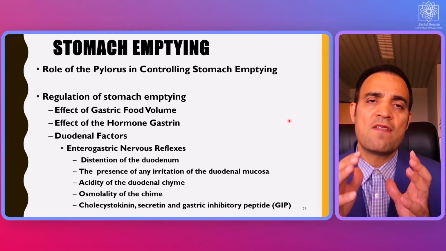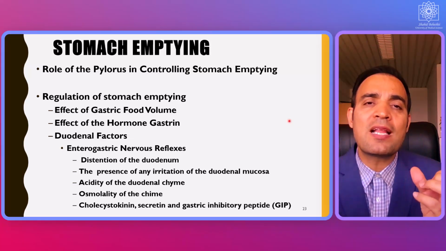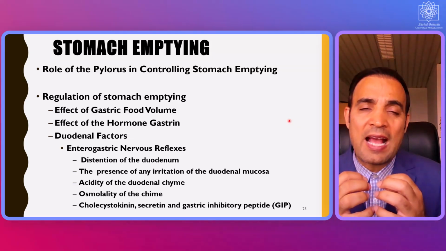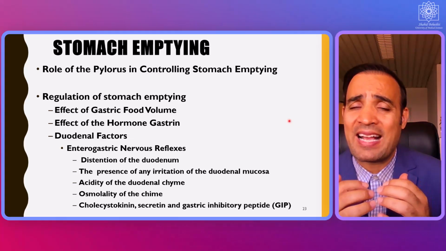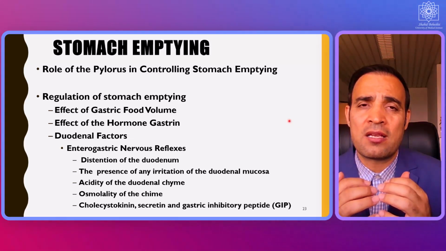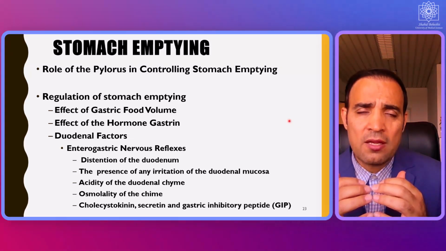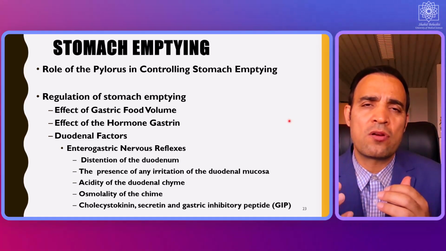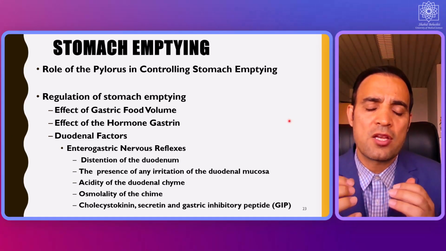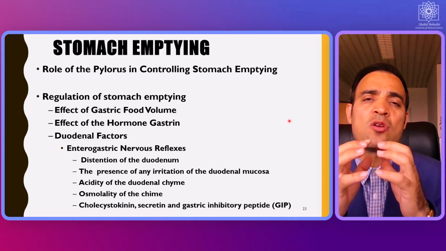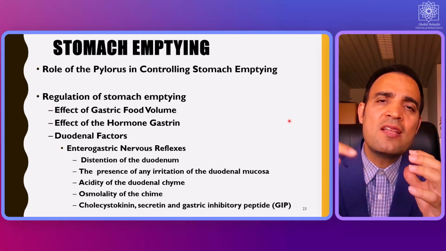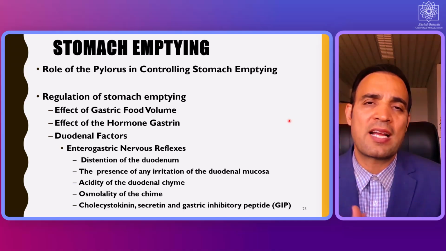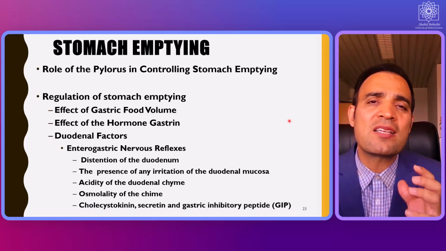For example, when the duodenum is stretched, it means that it received a high volume of content, and now it does not have enough room for acceptance of more content. When the duodenum is stretched, it will inhibit the gastric contraction. It inhibits gastric emptying.